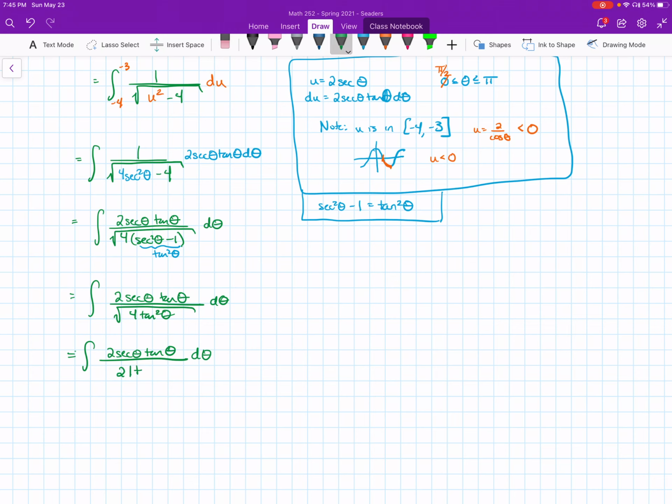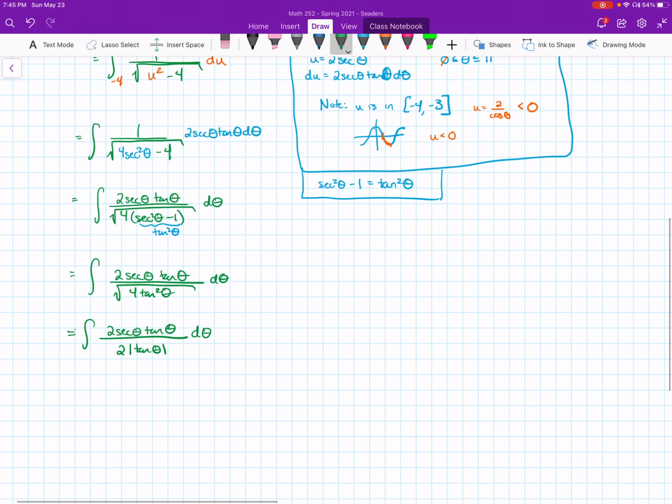So I'm going to write the absolute value for now, and we're going to figure out what happens here. So tangent theta. Let's talk about tangent theta on this same interval, pi over 2 to pi. That's where I'm looking. Well, tangent theta has a bunch of vertical asymptotes.